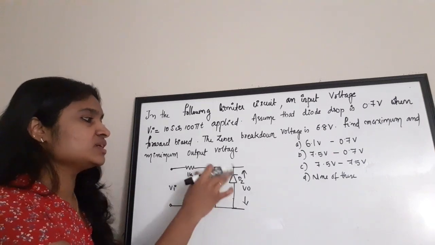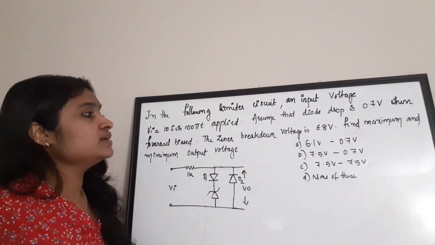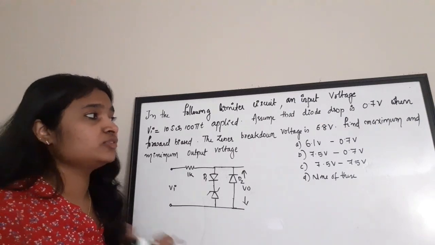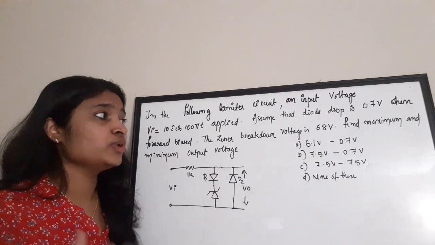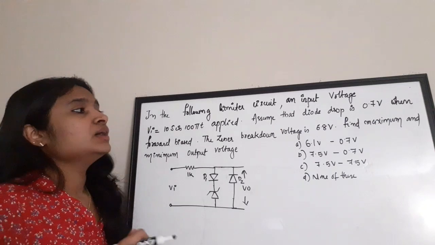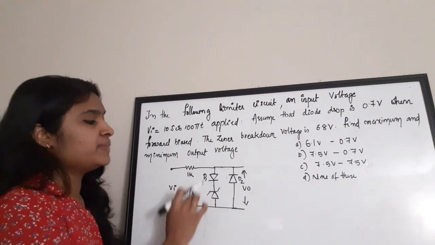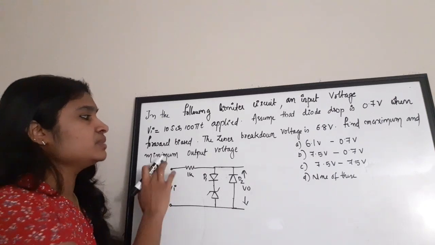They are silicon diodes. The Zener breakdown voltage is 6.8 volt, that is, when 6.8 volt is applied, the Zener diode will undergo breakdown. Find the maximum and the minimum output voltage.